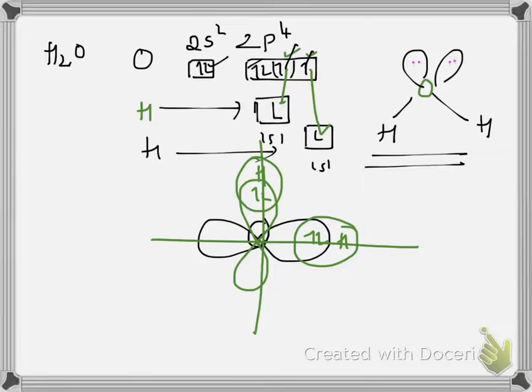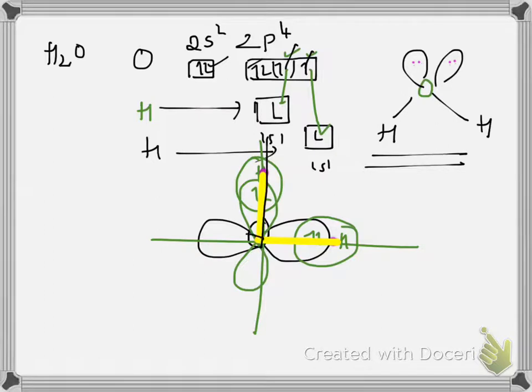Why? This is nucleus of oxygen. This is nucleus of hydrogen. This is also hydrogen. Here you can see two sigma bonds. One is from oxygen to hydrogen, other is from oxygen to this hydrogen. Both are sigma bonds because both have been formed along the internuclear axis.